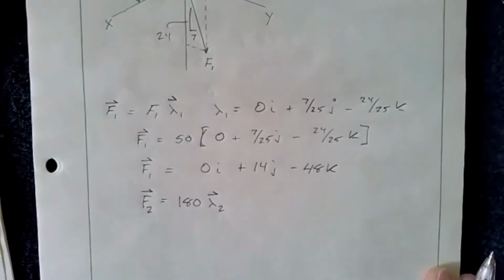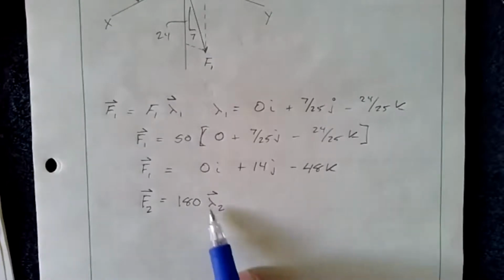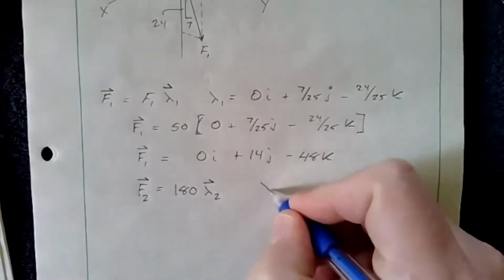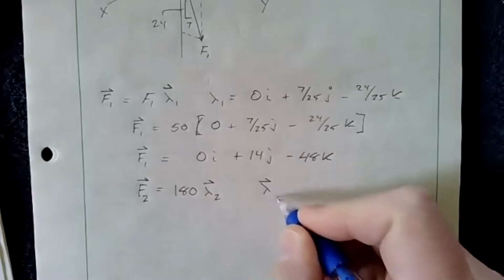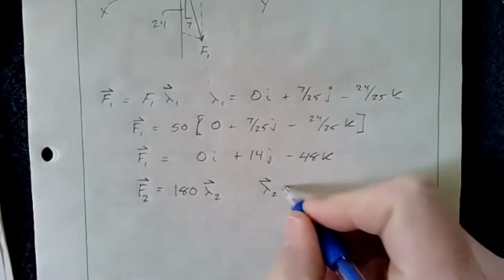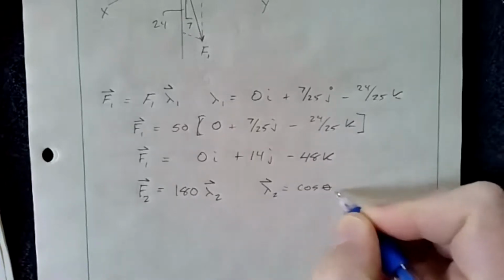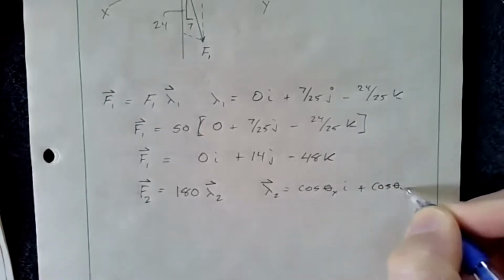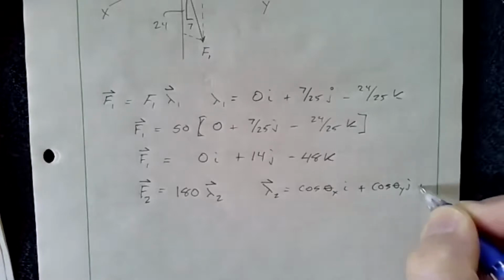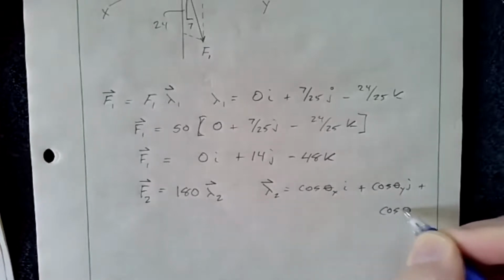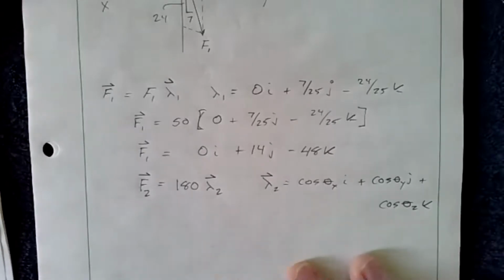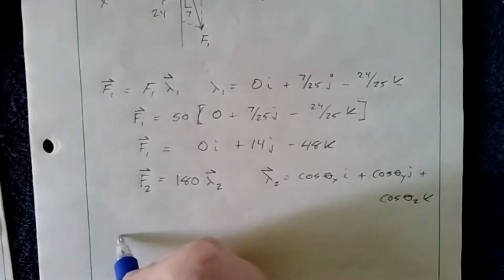Here we have lambda 2, the unit vector. Remember what we defined it as: lambda 2 is just equal to cosine theta x i plus cosine theta y j plus cosine theta z k. We know the angles, so we plug them in.